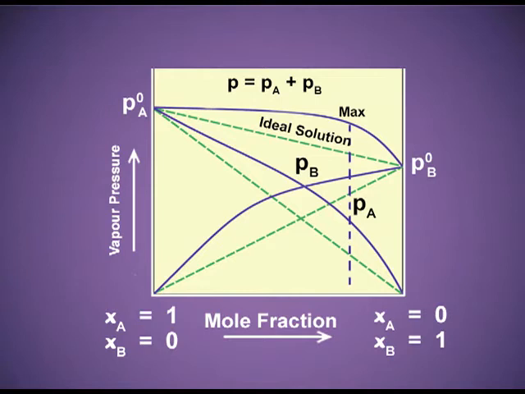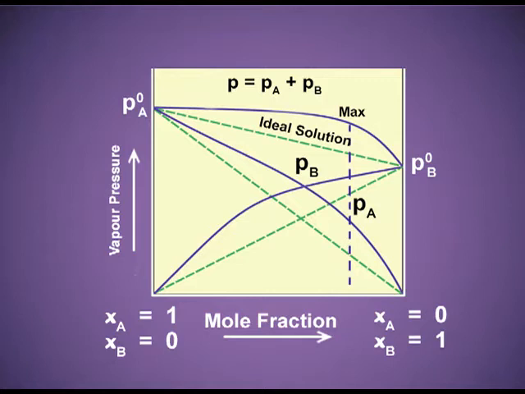Graphically, we can compare the two deviations. In the case of Raoult's law, when we draw the graph, we get straight lines. But for the positive deviations, the curves are on the upper side. You can see from the graph, the dotted lines are showing the graph for the ideal solution. These are straight lines.